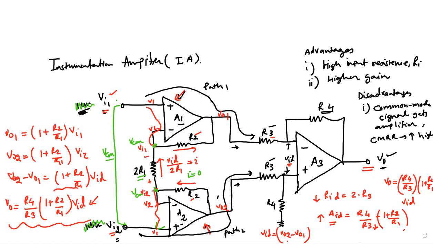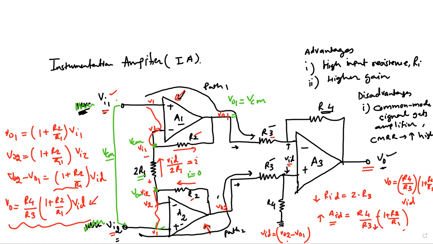So there is no current through the resistor. It acts as an open circuit, and this common mode signal appears across the inputs. So VO1 is nothing but VCM, because it is now acting as a buffer.